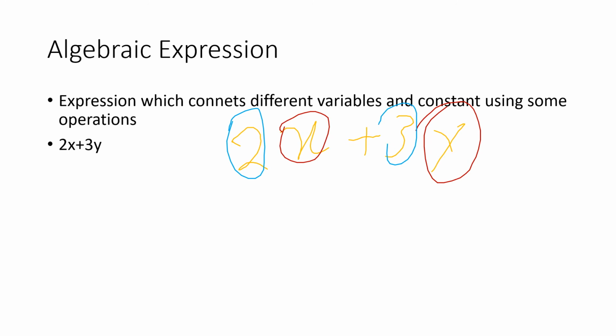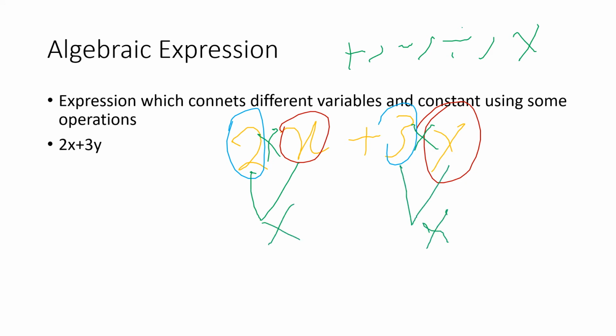There are mainly 5 to 6 operations: plus, minus, division, multiplication, etc. There are some more operations, but we are talking about this equation. So it is multiplication, it is multiplication. We have connected the constant and variable by multiplication, and then we add these two terms. So this is our algebraic expression.